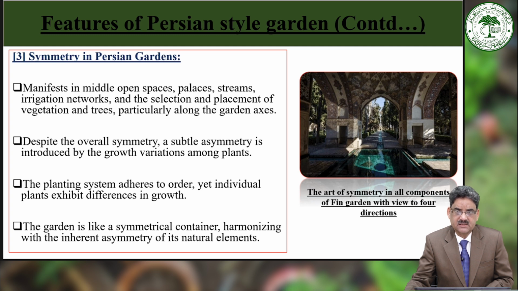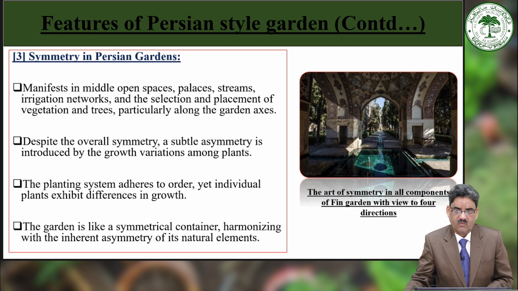Various aspects of symmetry can be found in the design of middle open spaces, palaces, streams, and irrigation network, and the type and place of planting vegetation and trees, especially along the garden axis.